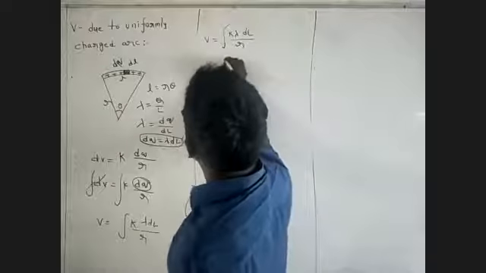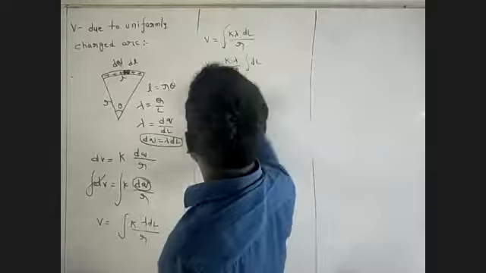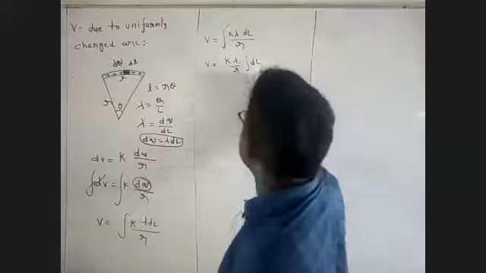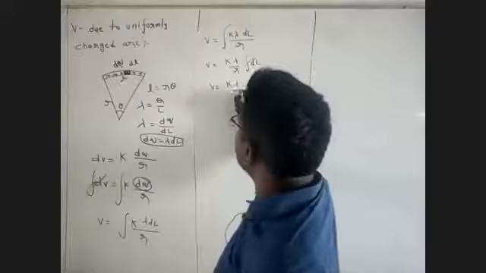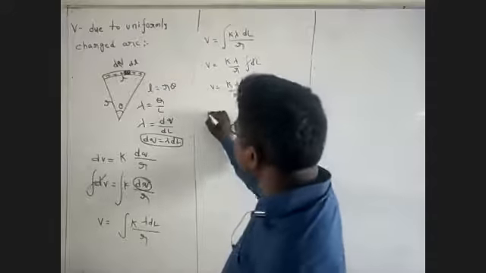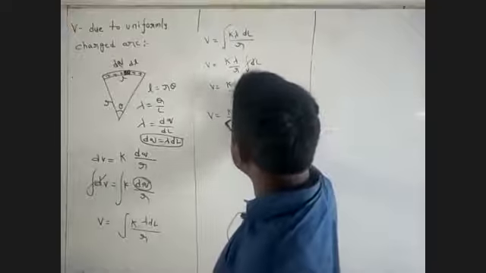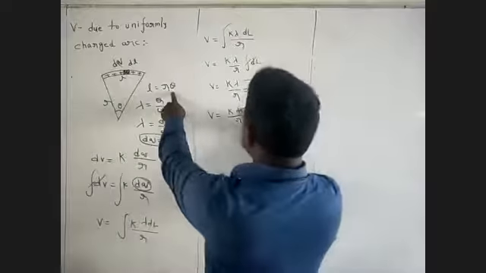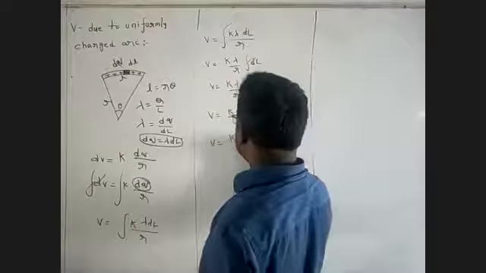Take the common terms out: V is equal to k lambda by r times the integral of dl, and integration and derivative cancel, so V is equal to k lambda by r into L. The length is R theta, so R cancels. V is equal to k lambda theta.